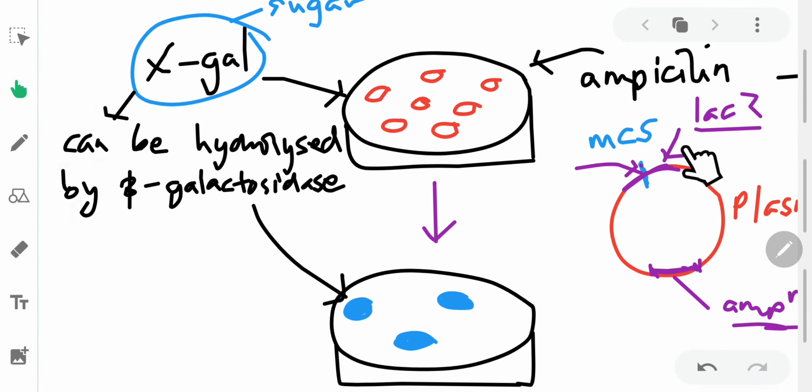This LAC-Z undergoes protein synthesis and produces this enzyme beta galactosidase. So if this enzyme is present, it will cause X-gal to hydrolyze, so the bacteria colony will turn into blue color. Meaning all the bacteria that grow here have the plasmid, but in the plasmid there is no target gene.